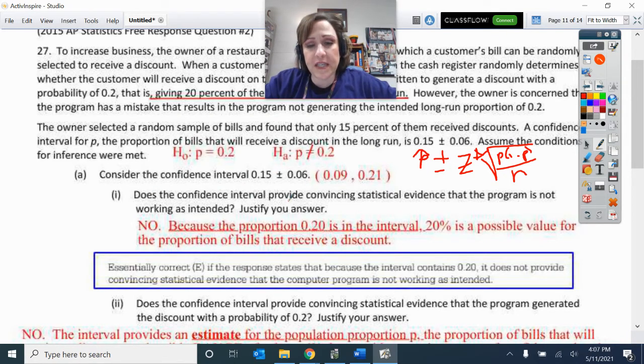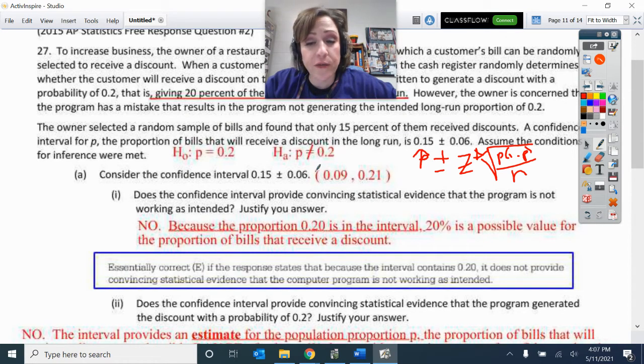So does this confidence interval provide convincing statistical evidence that the program is not working? Well, P represents the proportion of bills that receive a discount. And they wanted that in the long run to be 20%. So the claim is it should be 20%, but we're wondering, is it not equal to that?